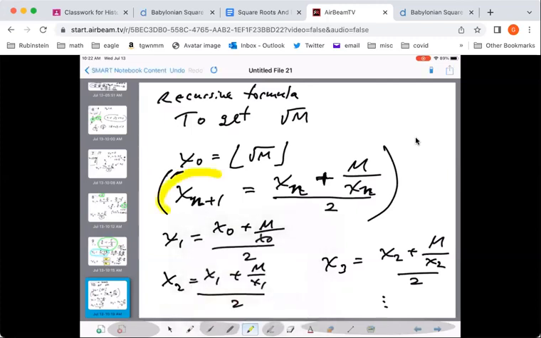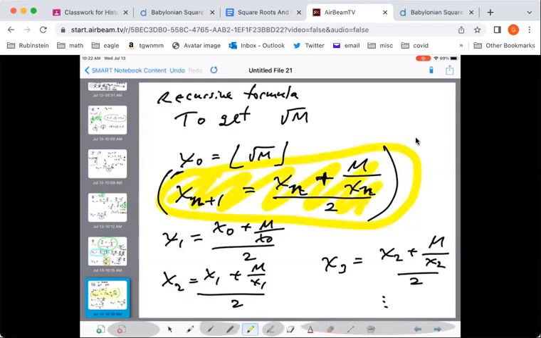This thing is telling us that if you know x0, and if n was 0, then n plus 1 will be x1. The next answer is based on x0, x2 is based on x1, and x3 is based on x2. So no, you do not need this recursive formula.